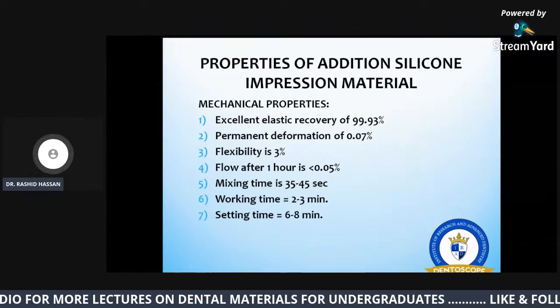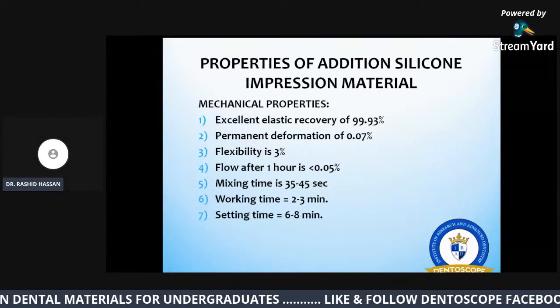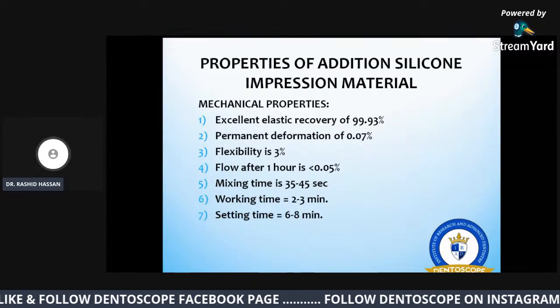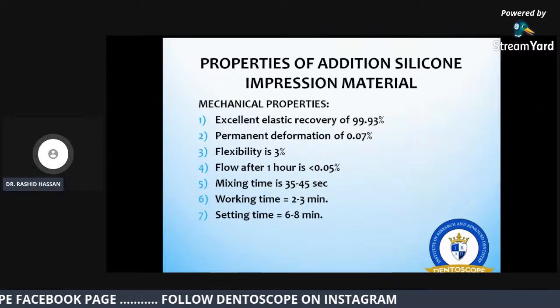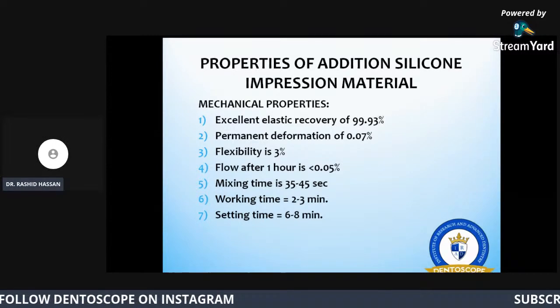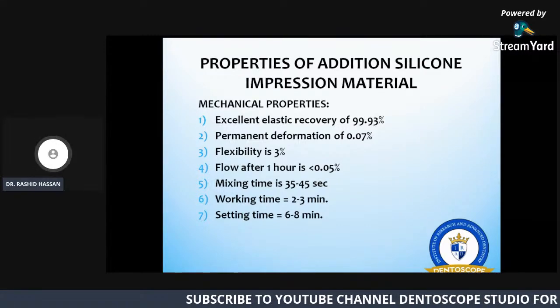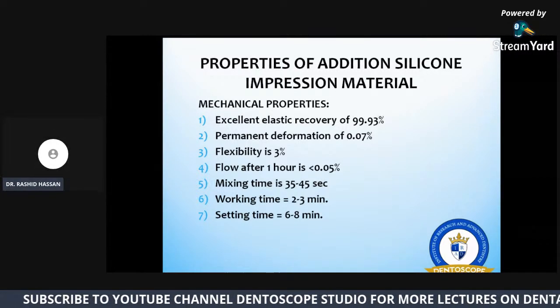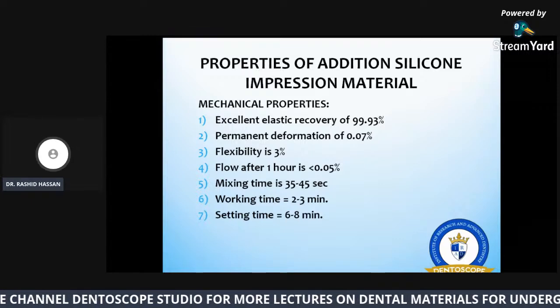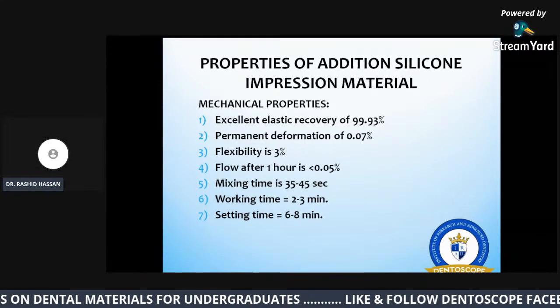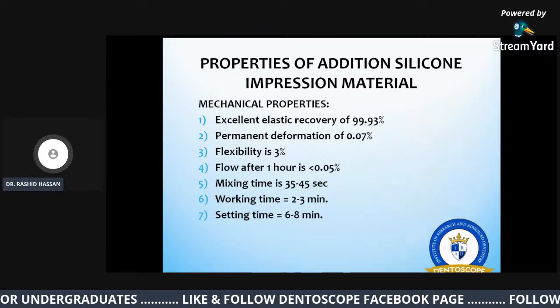Now, coming to the working, mixing, and the setting time. Well, now here you see this elastomeric impression material is getting better, best. It is overcoming all those problems which were faced by the previous ones. It is doing its level best to recover them and serve in a much better way.